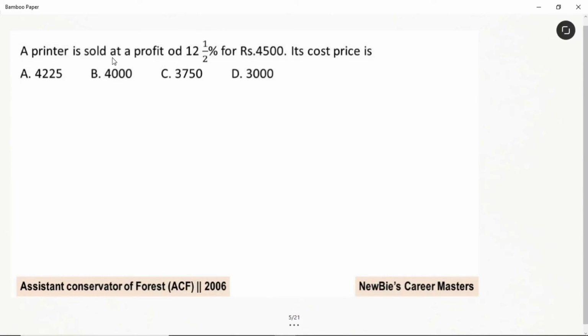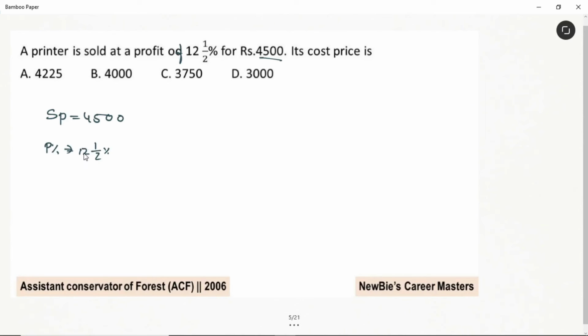Another question from profit and loss topic. A printer is sold at the profit of 12.5% for rupees 4500. That means selling price is given as 4500 and profit percentage is given as 12.5%.